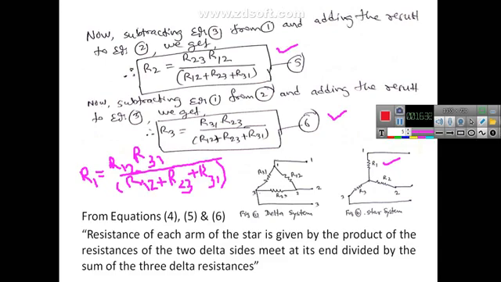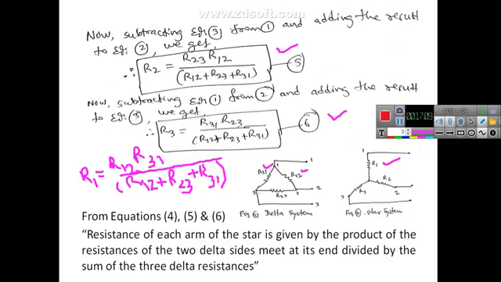So that means the resistance in each arm of a star connected system is nothing but the product of the resistances of the delta side meeting at its end, that means terminal 1, divided by the sum of all the delta resistances. Therefore R1 is equal to R12 R31, the product of that, divided by the sum of all.